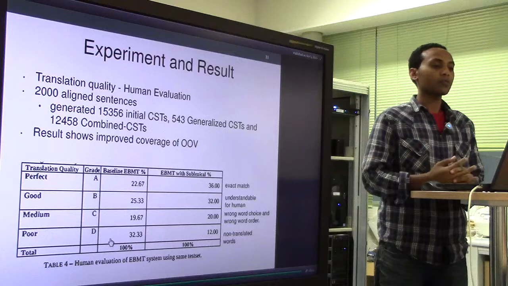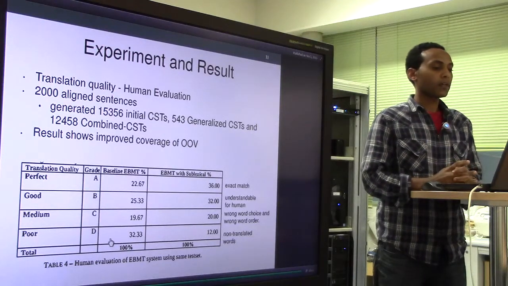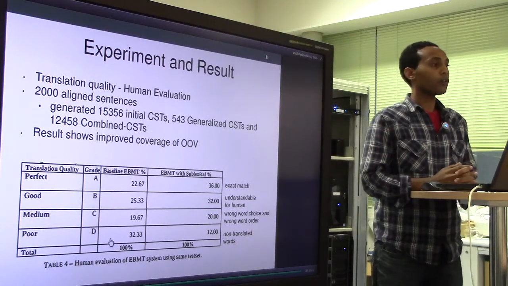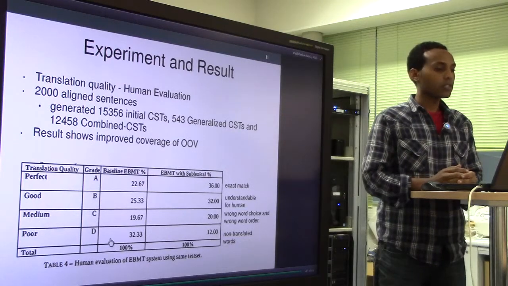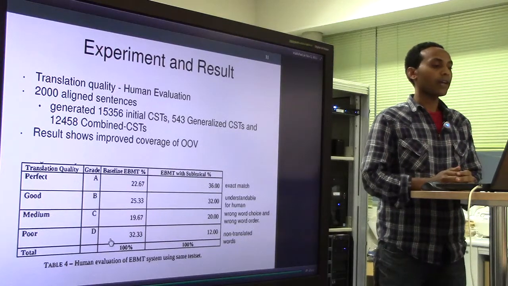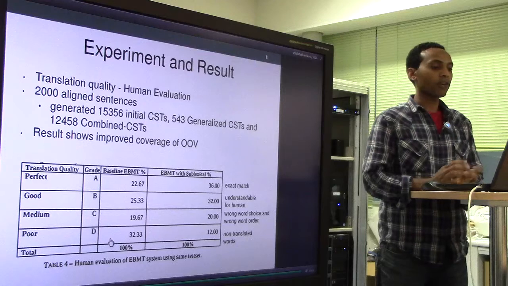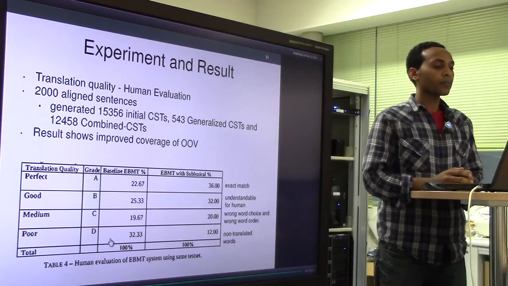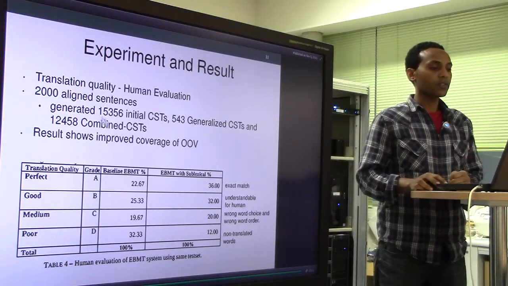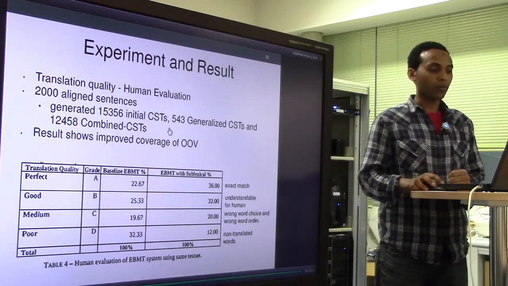So finally, the experiments and results. The translation quality evaluation is done by humans. They had 2,000 aligned parallel sentences of English and Bengali, and they generated out of these 2,000 sentences these chunk string templates, 15,356 templates, and so on.